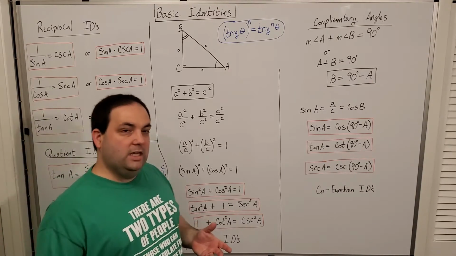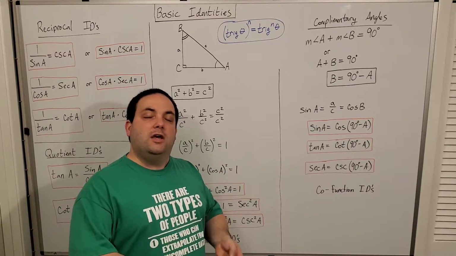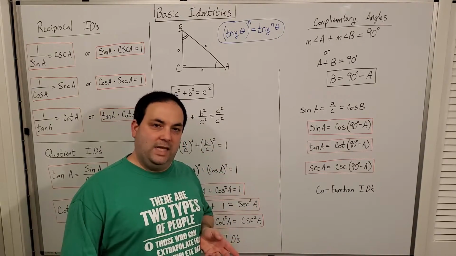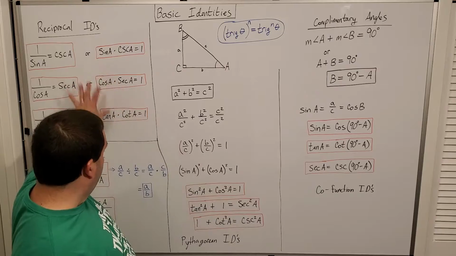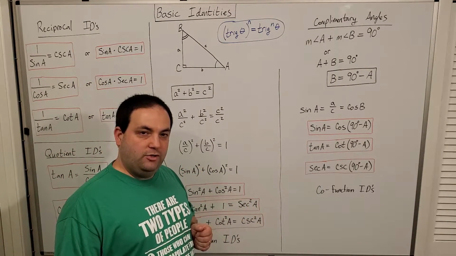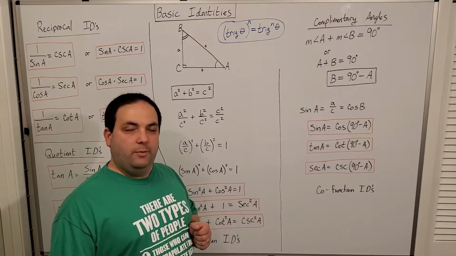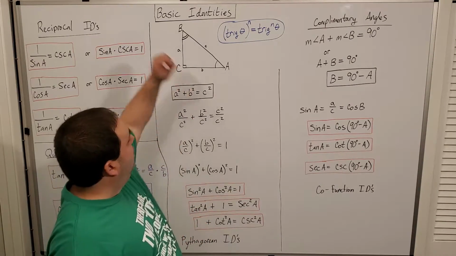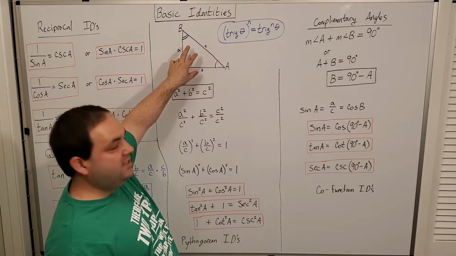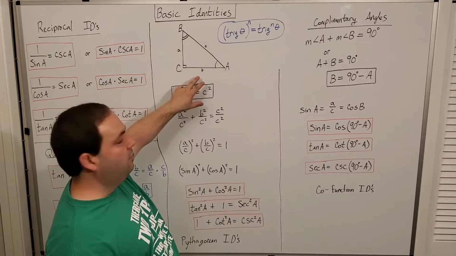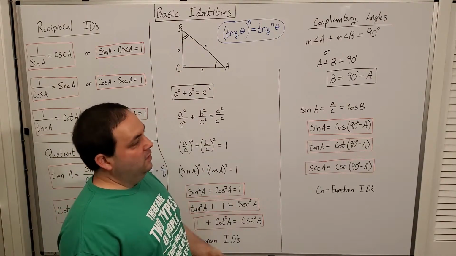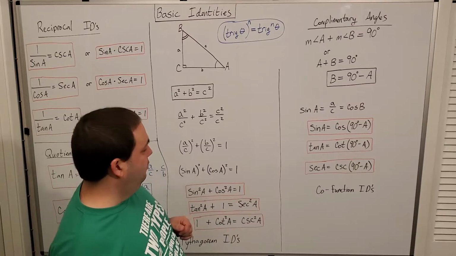So in actuality, if you know just enough about an angle to get one trig ratio, doesn't matter which of the six, I can build from the other ones all of the rest of the trig ratios. And you can also do that from a diagram too, by the way. If you know enough about an angle to know one ratio, then that means you know two of the sides. And you can use Pythagorean Theorem to fill out the third side and then get all the information from it. Okay, so there's two ways to approach that particular type of problem.